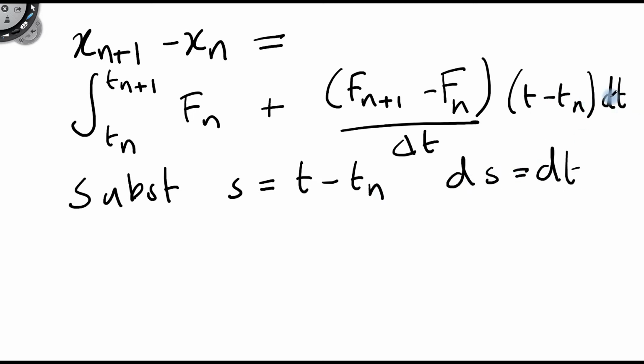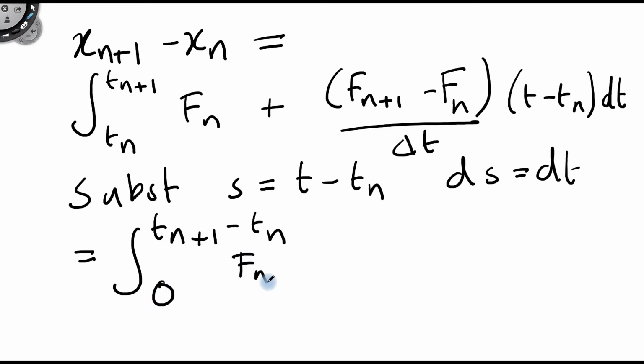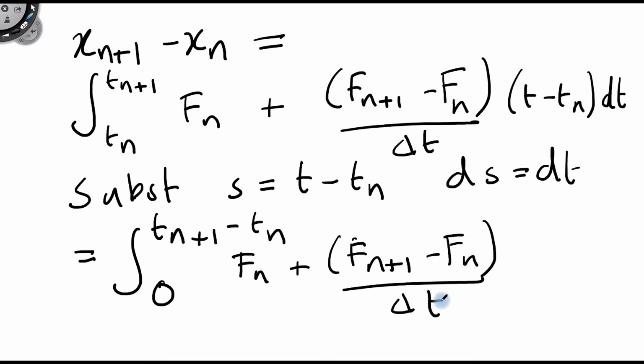So we can just substitute in there, and then obviously we need to reevaluate the limits in light of the definition of s. So the upper limit equals t of n plus 1 minus t of n, and the lower limit is t of n minus t of n, which is 0. Then we have f of n plus f of n plus 1 minus f of n on delta t, and then t minus t of n simply goes to s, and dt goes to ds.